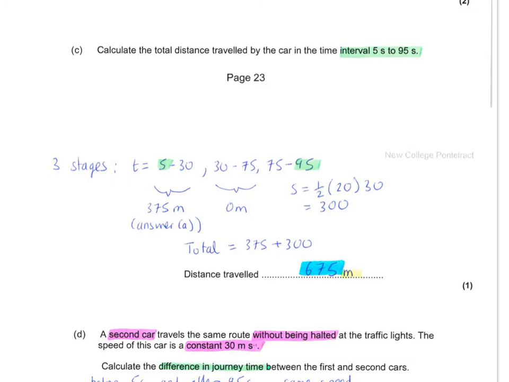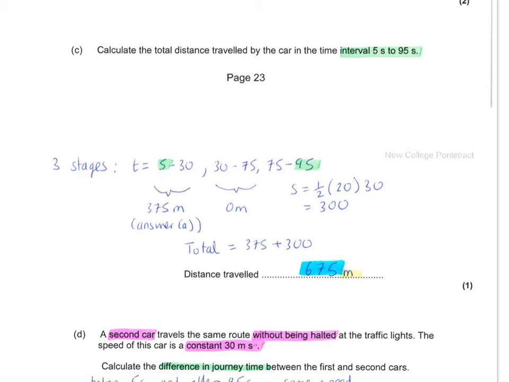Part C, you're asked to calculate the total distance travelled by the car in the interval 5 to 95 seconds. So you could think back to the 3 stages that the graph showed. The graph showed the first stage of deceleration starting at 5. Notice that matches what we have in the question here.